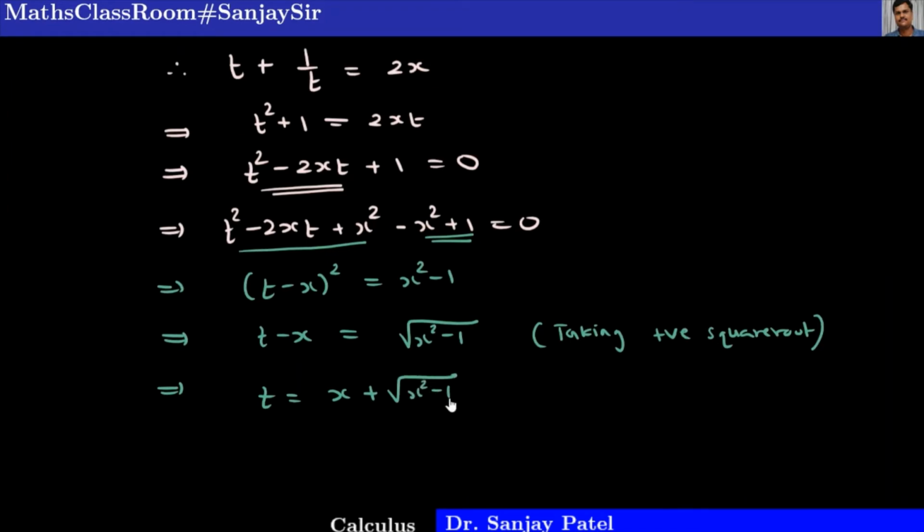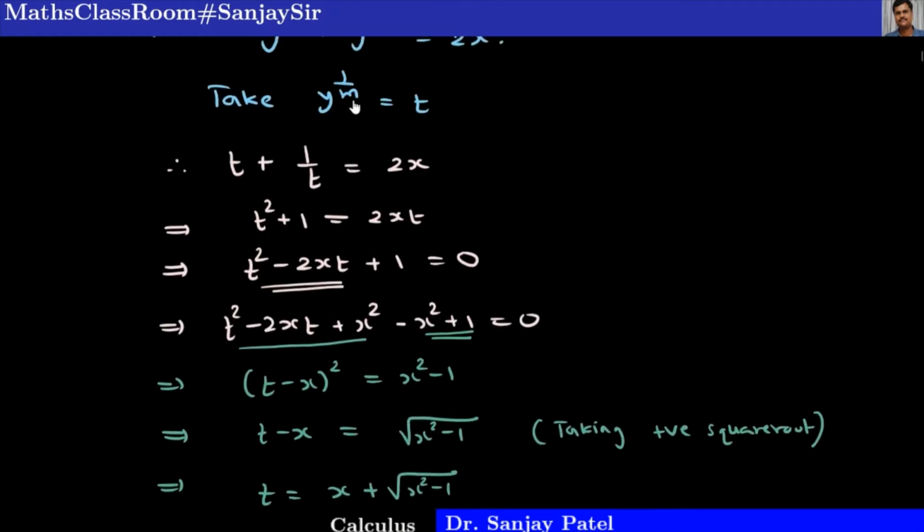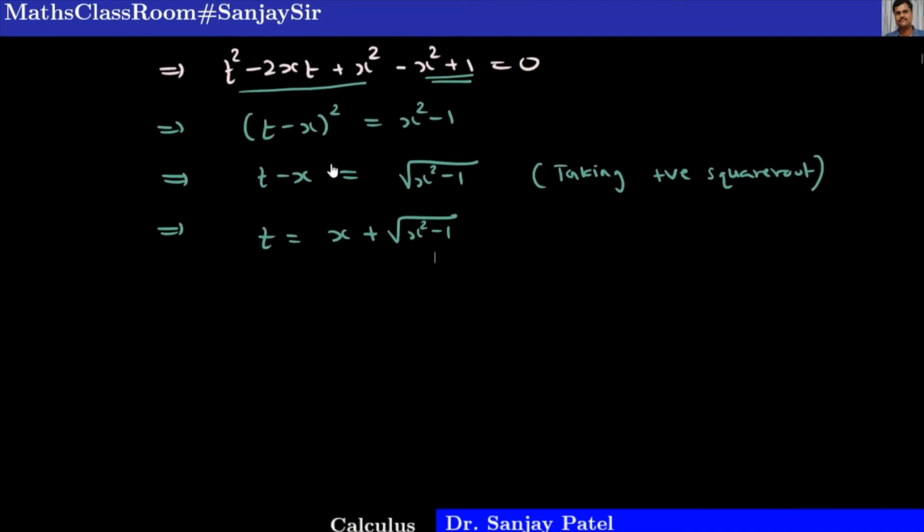But what is t? t is y raised to 1 upon m. So I'm putting the value of t now. So what I will get is y raised to 1 upon m is equal to x plus square root of x square minus 1, because t is equal to y raised to 1 upon m.